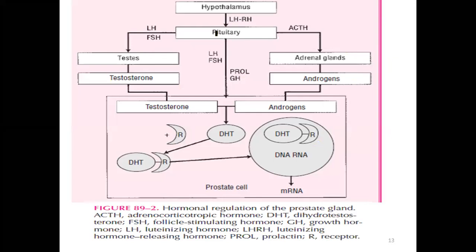This is just the hormone regulation of the prostate gland. There is the hypothalamus at the top, the Supreme Court, then maybe the pituitary, the High Court. Then you can see the gland. The testis will produce testosterone. There is also adrenal gland production that accounts for a smaller percentage.